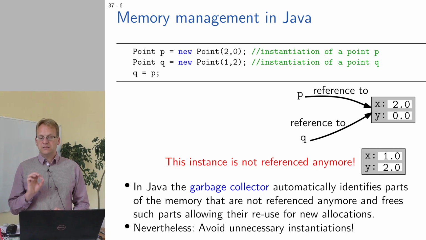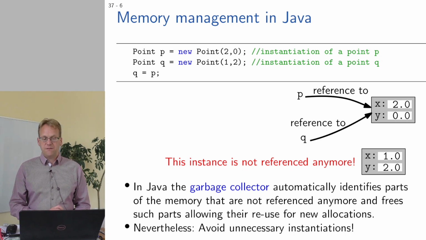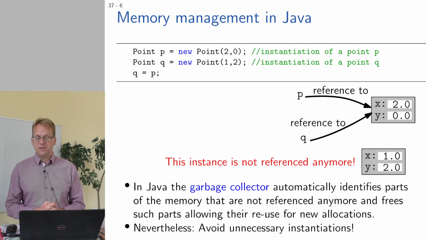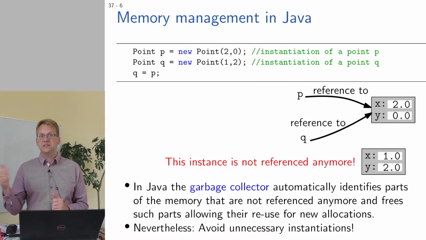The garbage collector will then free such parts of the memory to allow the reuse of those parts for new allocations. So this memory can then be used also for future initializations of variables, for future instantiations of objects, and so on. Otherwise you would have this memory blocked forever, or maybe until your program is terminated. But with the Java garbage collector, you have a very simple way to get rid of these occupied places in the memory that are not referenced anymore.